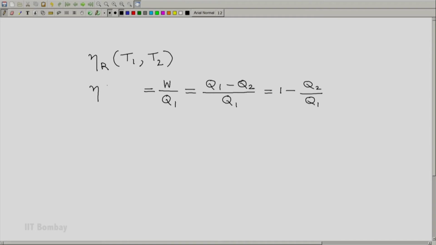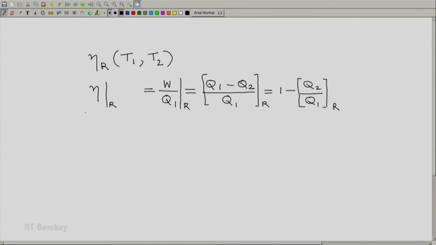Now if we consider this to be a reversible engine, then this will be W divided by Q1 for a reversible engine. This will be Q1 minus Q2 by Q1, and this will be 1 minus Q2 by Q1 for a reversible engine.